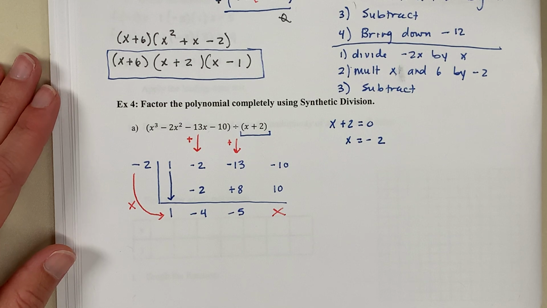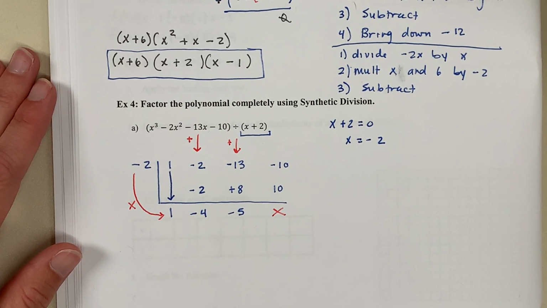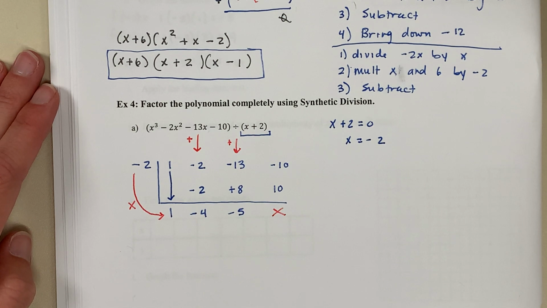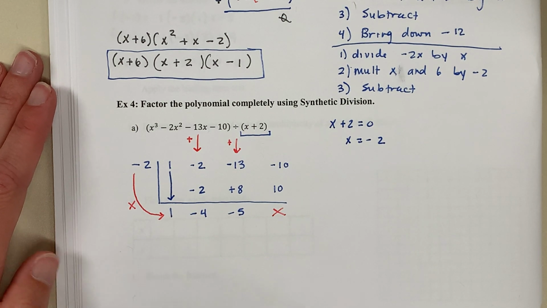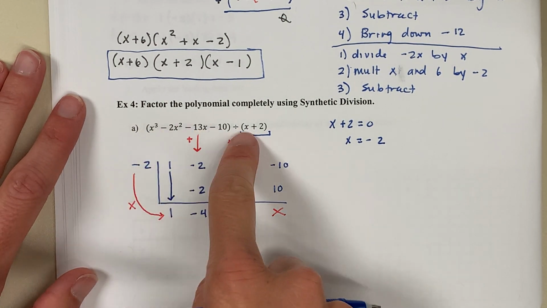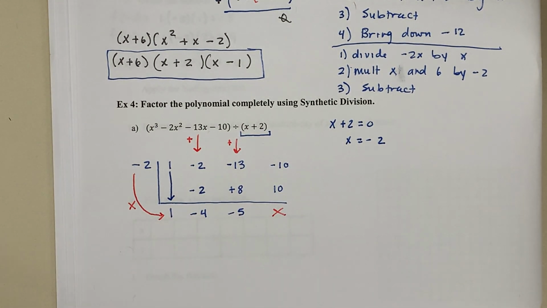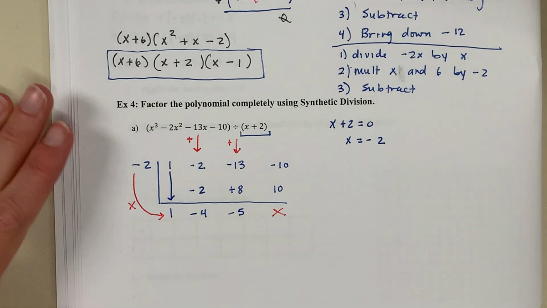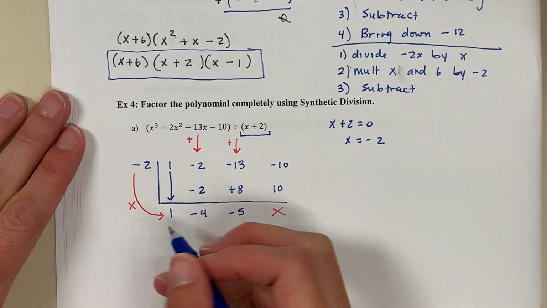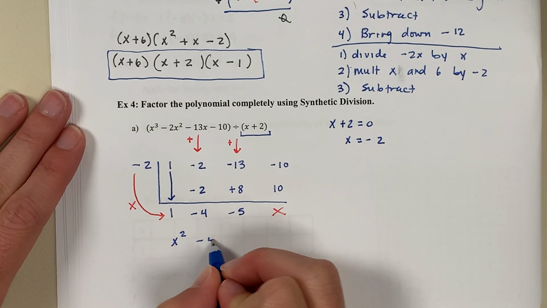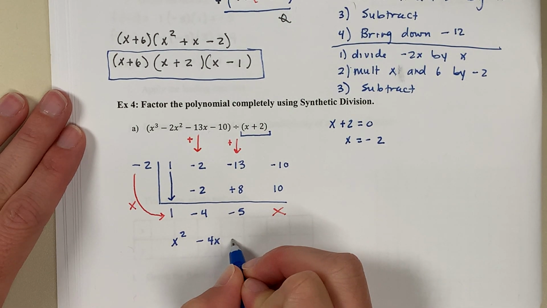Since there is no remainder, I know that x plus 2 divides evenly into the polynomial. Now, when you divide x cubed by x, the remaining polynomial will go down 1 degree. So this polynomial becomes 1x squared minus 4x minus 5.